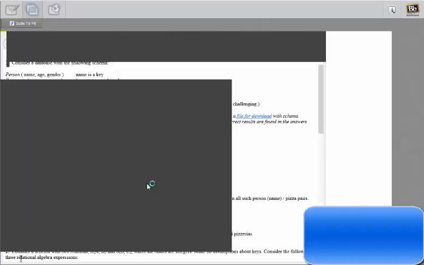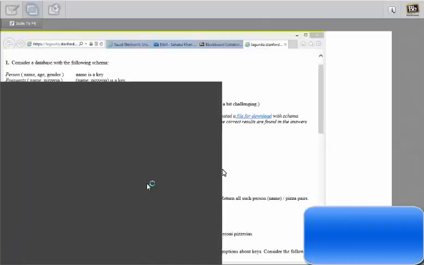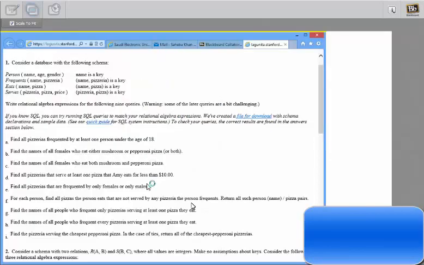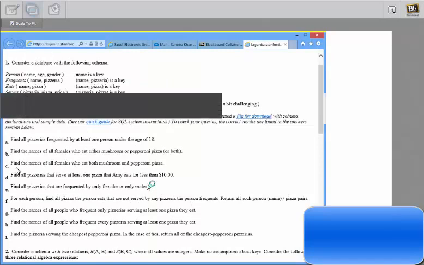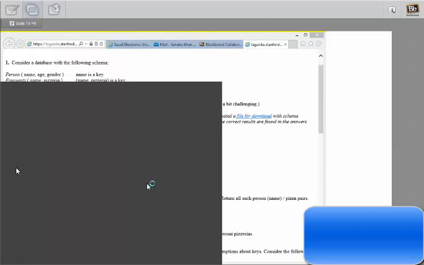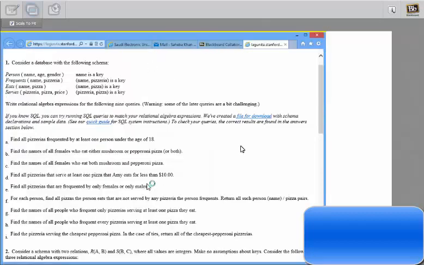So here select age less than 18, in the bracket person, because we have to select this from the person table, since the name and everything is given in the person table. And since we have to join the two tables, because we are taking it from frequent, so here it could be frequent. So select frequent, like that.